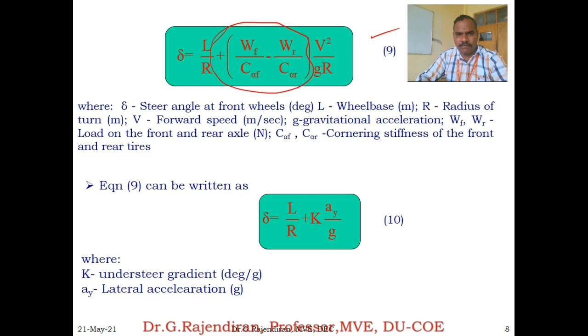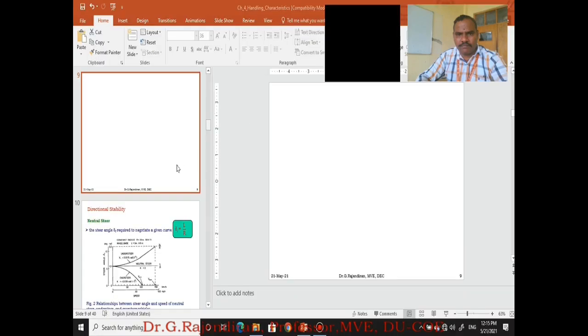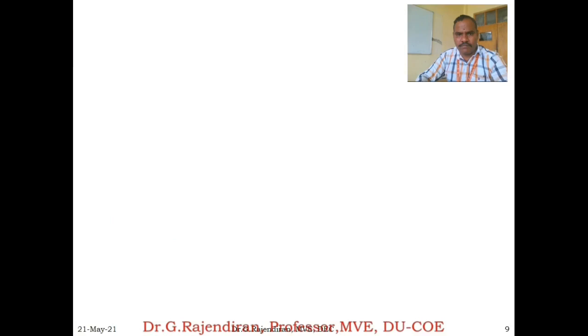And this V square by R is equal to AY, the G is coming. So K is called the understeer coefficient or understeer gradient. Clear? K is understeer gradient.